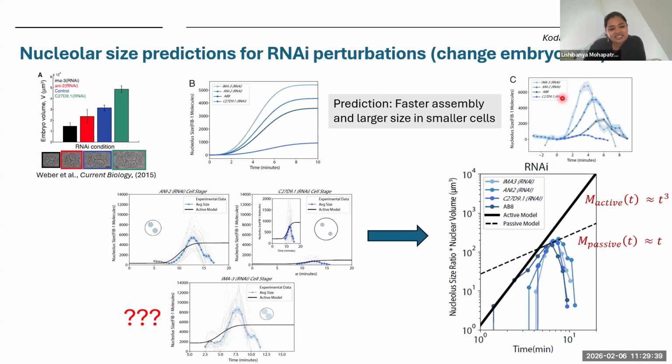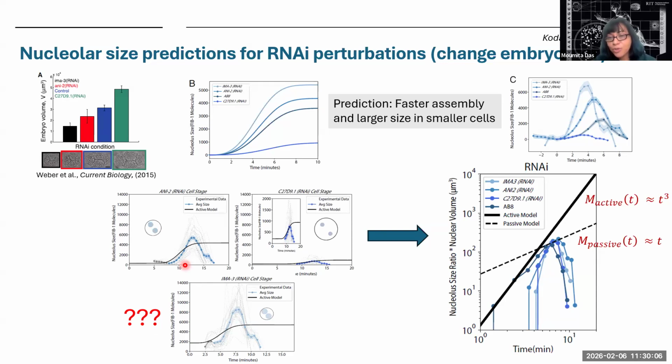One idea that we are thinking is that IMA3 is an import factor, which tells you what things can be imported inside the nucleus. So when you're knocking it down, we believe that it might be affecting transcription in some way that affects the assembly of the nucleolus. I'm not really sure what's happening in that situation, but it is a big mystery for us.